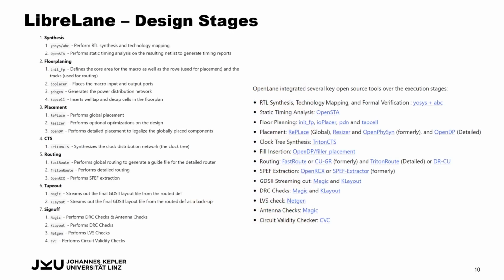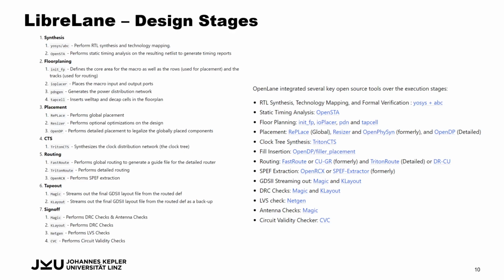And here we see how many different tools are used under the hood. And these are probably not all. This is just also a small list. So you can see for static timing analysis, we have OpenSTA. For clock tree synthesis, we have TritonCTS.